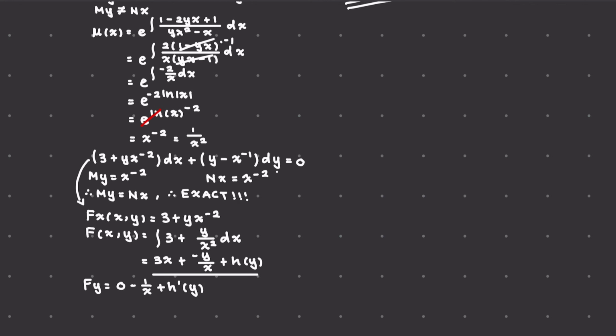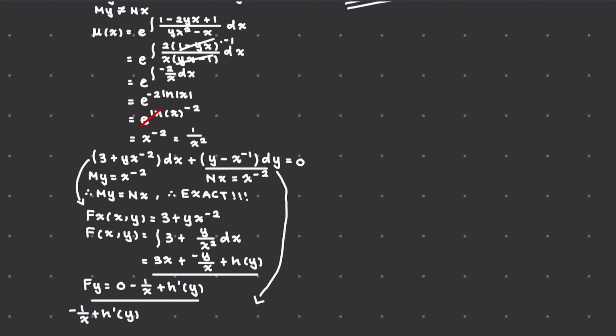After that, we're going to set our new partial derivative of f with respect to y equal to the partial derivative of f with respect to y over here, and we're hoping that something will cancel with each other.